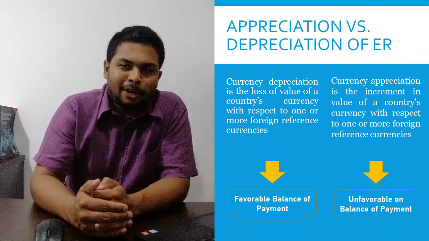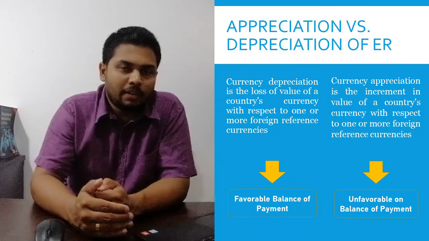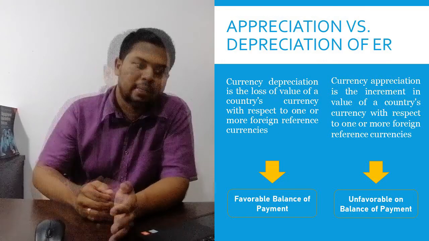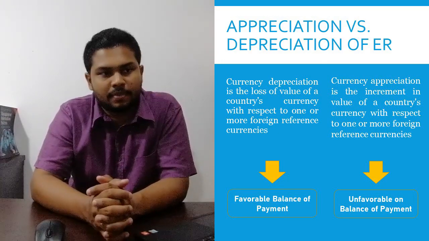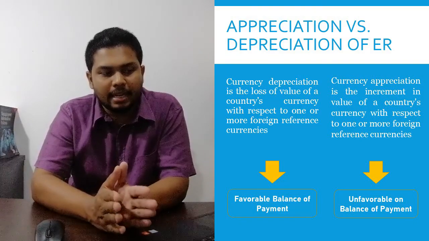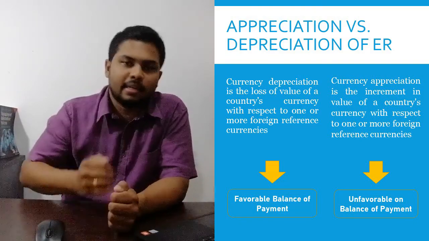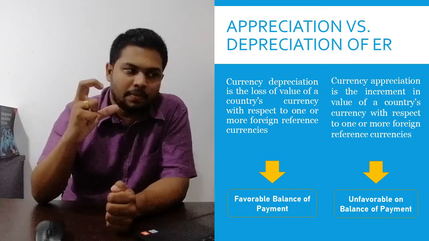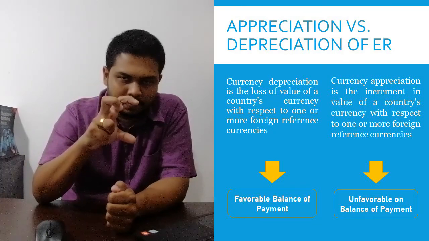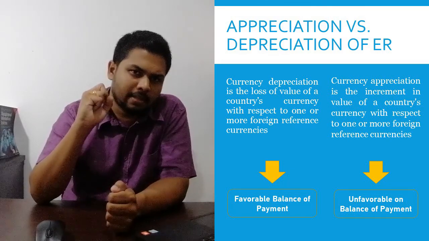Hopefully, on the next date, the rupee value of a dollar will be 190, in the sense it's the appreciation of rupee value. So currency appreciation is the increment in value of a country's currency. Then when it comes to depreciation, it's the opposite of it.